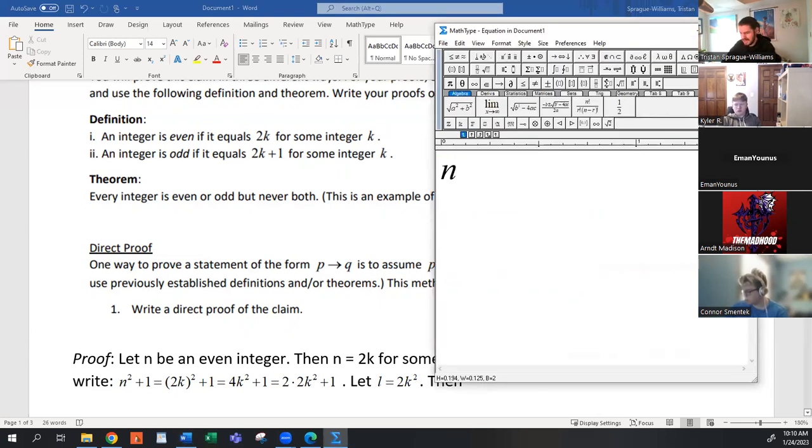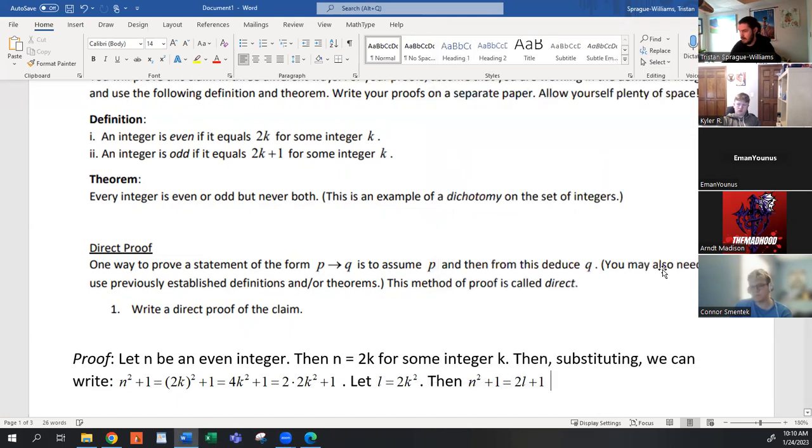Then what we actually have on the left is n squared plus 1 equals 2L plus 1. Okay, so do you see how I did that with the little substitution? 2L plus 1 would be an odd integer as long as L is an integer. Now, is L an integer?